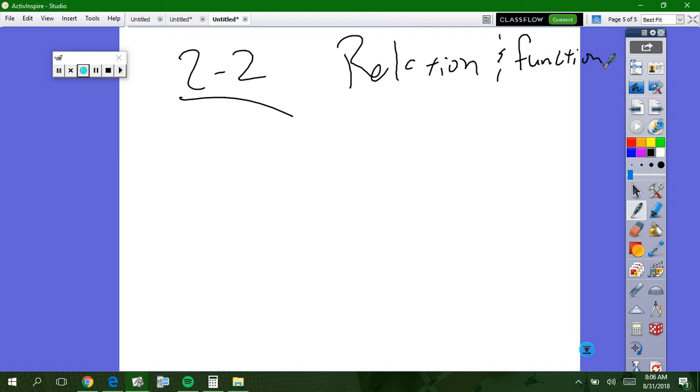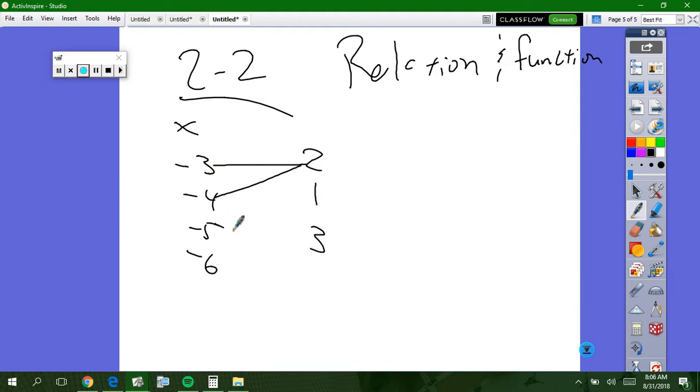Okay, here is a relationship, where this is my x values, this is my y values. It's basically saying, what does this represent? How can I write this as a coordinate? My x is -3. My y value is 2.